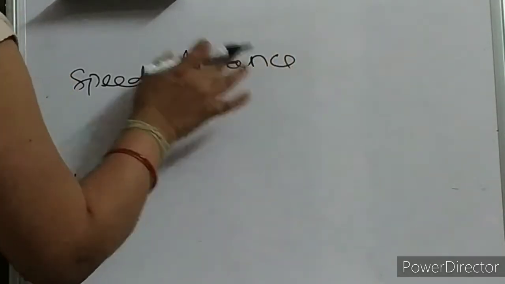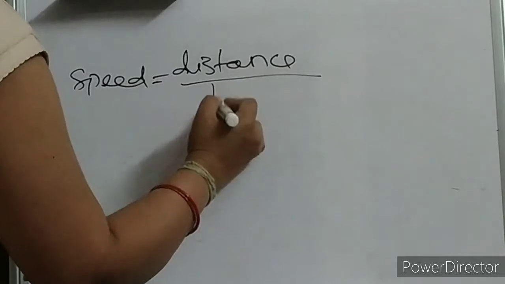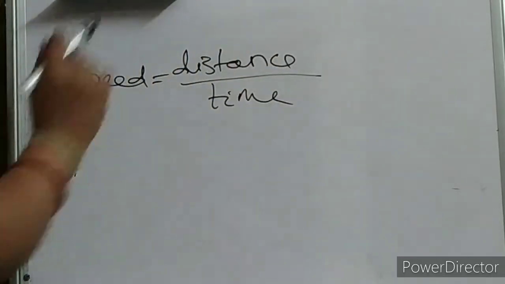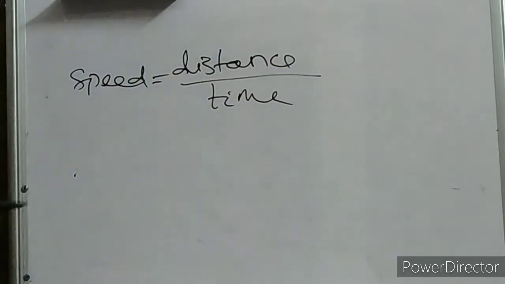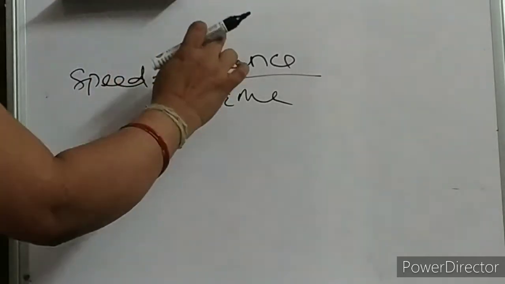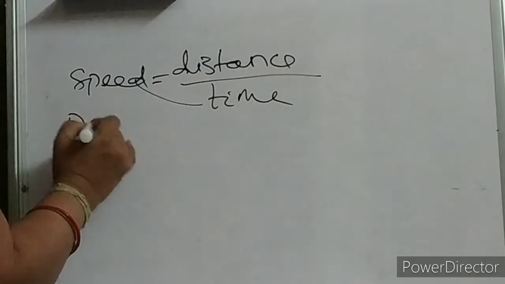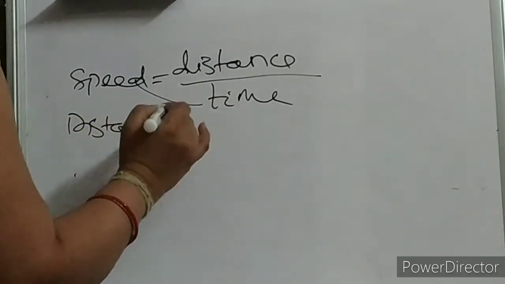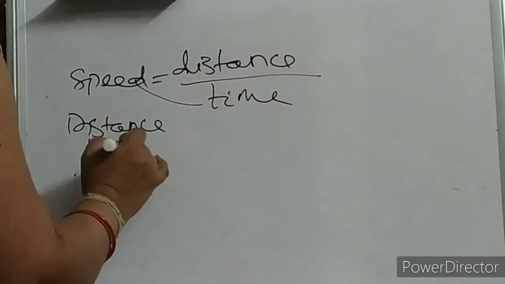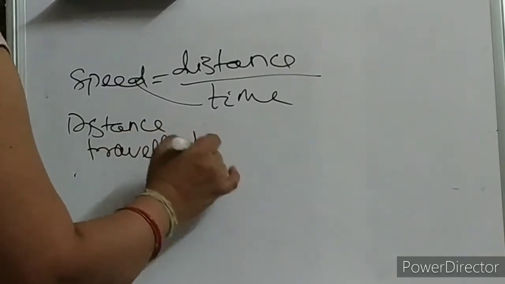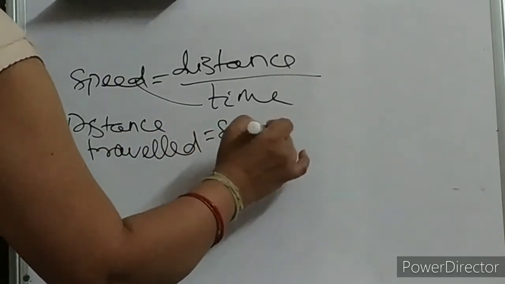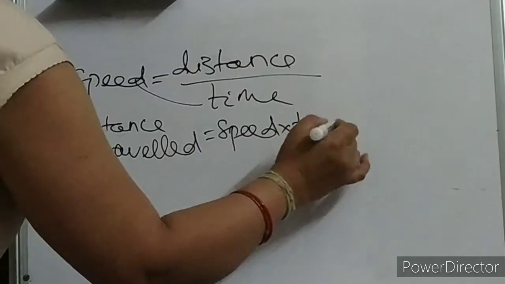When you are talking about displacement, you will write velocity. No confusion, I am repeating again and again. So to calculate the distance, distance means speed into time. So distance traveled is nothing but speed into time. How to get it from this graph, children?